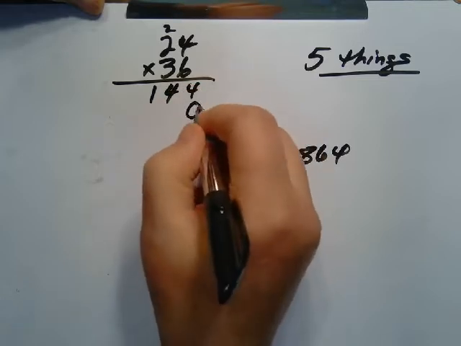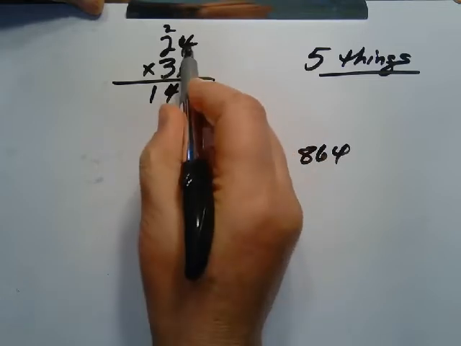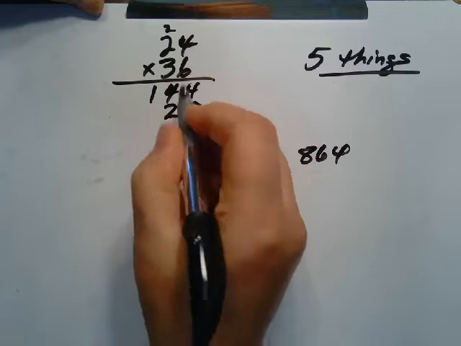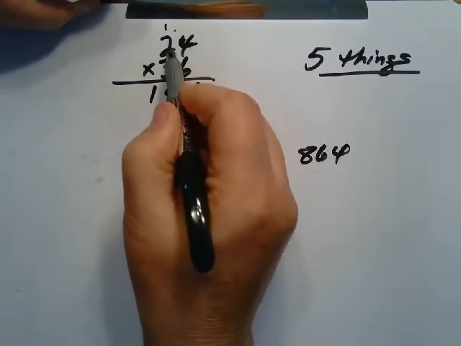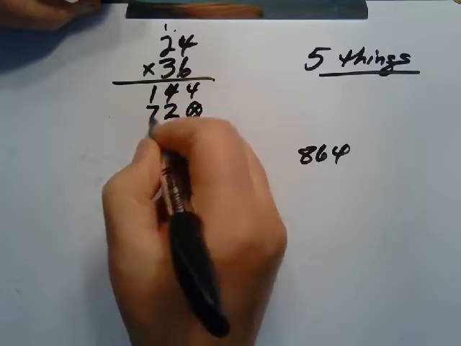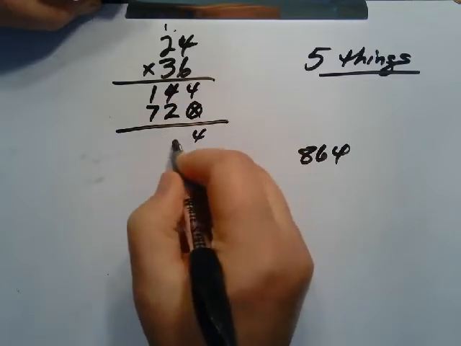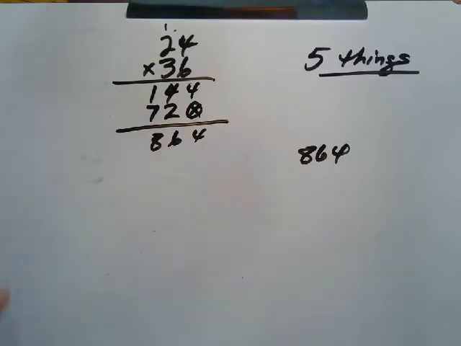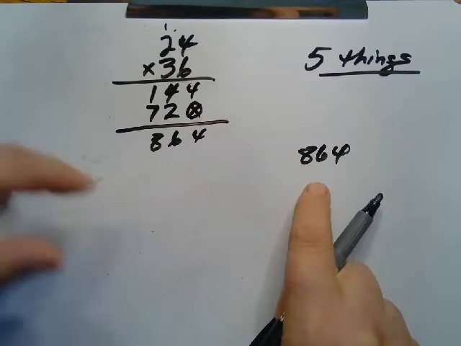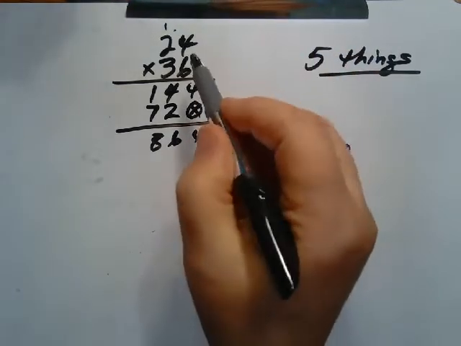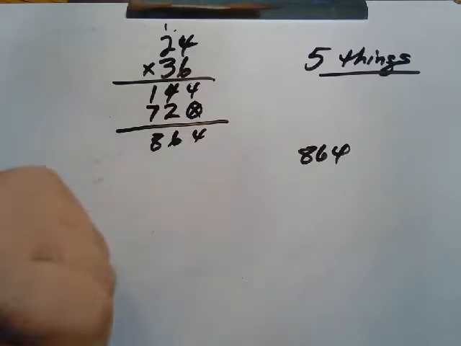We leave a placeholder here. 3 times 4 is 12. Carry the 1. 3 times 2 is 6, plus the 1 we carried is 7. And when we add these up, we get the same answer, 864. Same answer. Now, really, what we ended up doing is we multiplied every number times every other number.